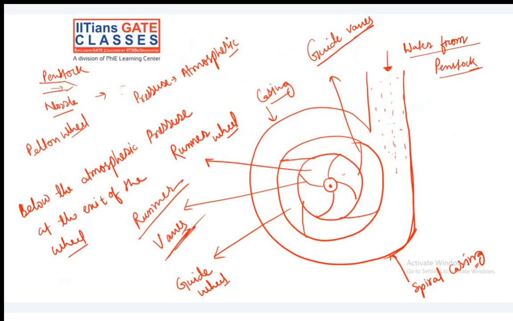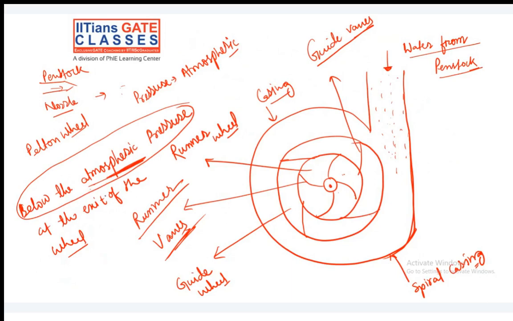At that point your pressure is below atmospheric pressure. So this cannot directly be exposed to the atmosphere, otherwise there will be reverse flow, right? Why? Because the pressure inside the turbine is below atmospheric, but outside the pressure will be atmospheric.